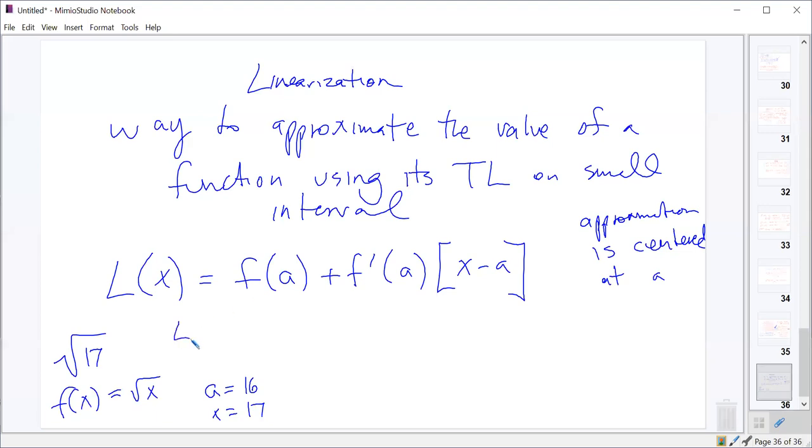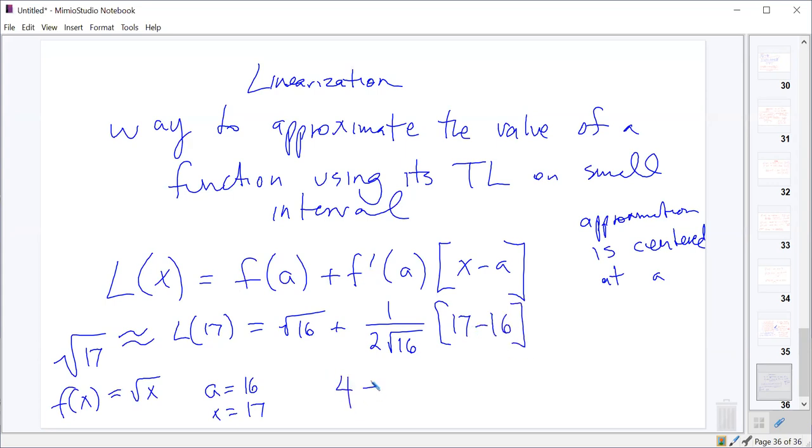So we'd say the square root of 17 is approximately equal to L of 17, which is f of a, so that'd be the square root of 16, plus f prime of a. Well, the derivative of square root of x is 1 over 2 square root of x, so 1 over 2 root 16, times your x value minus your a value.